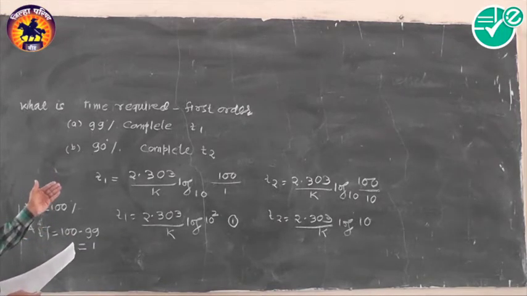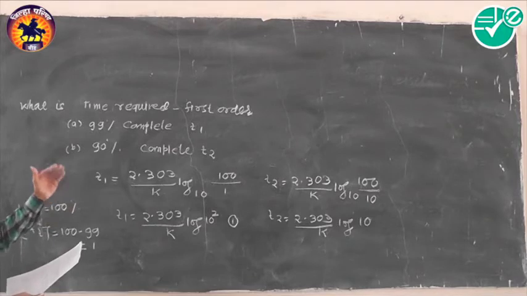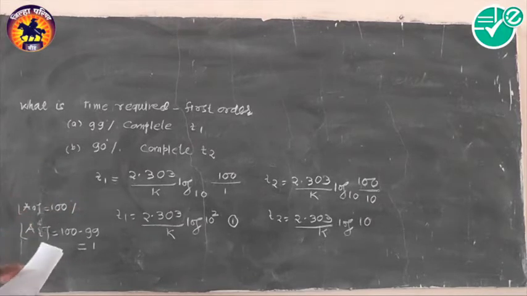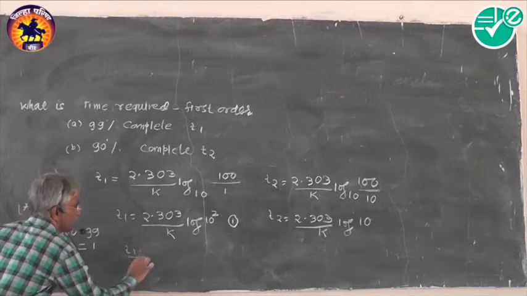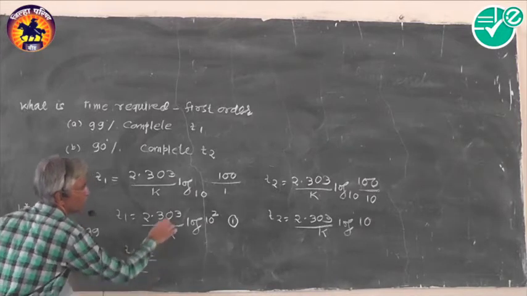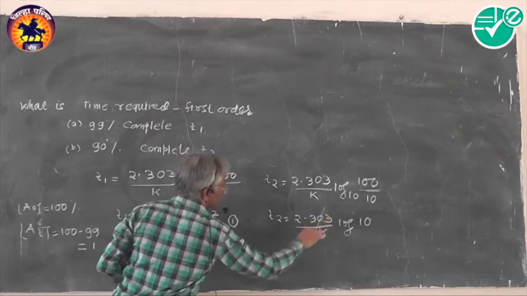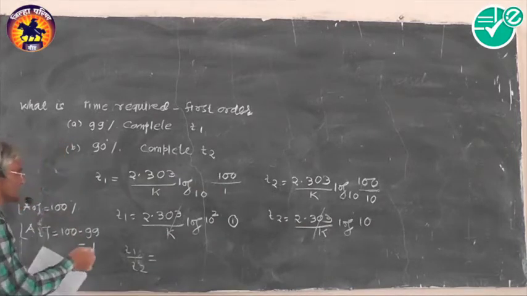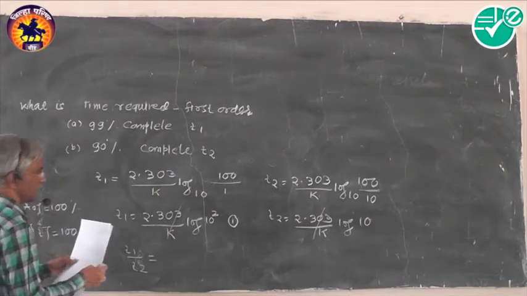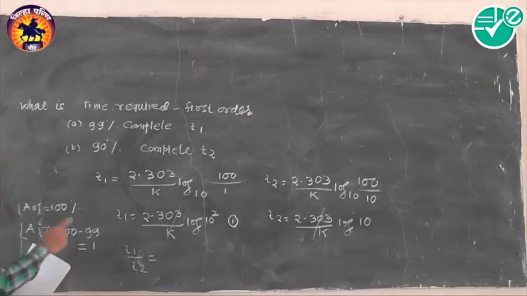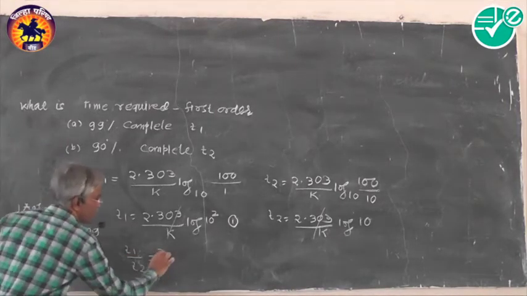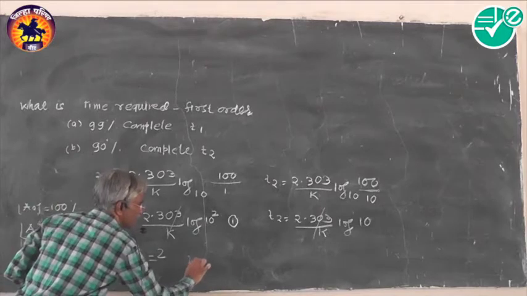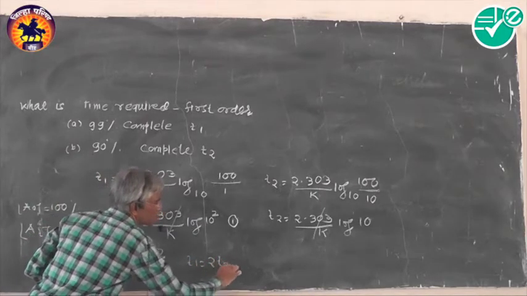If we divide equation 1 by 2, because in that form they have asked, then T1/T2 will be equal to, these terms will cancel, and log of 10 raised to 2 divided by log of 10 raised to 1, that is log of 10, and therefore you will have 2 and 1, therefore the answer will be 2. T1 will be equal to 2 times T2.